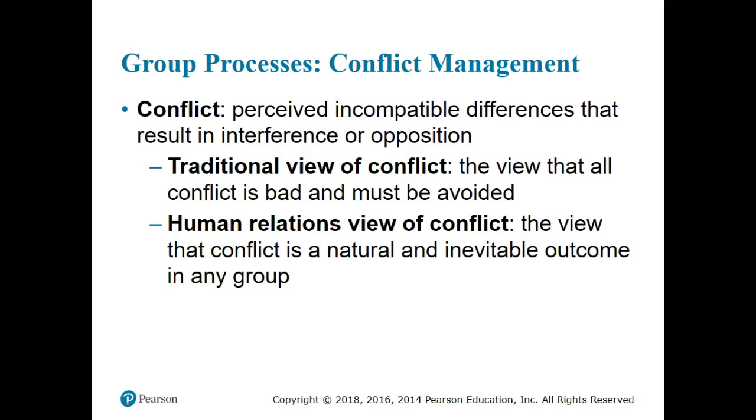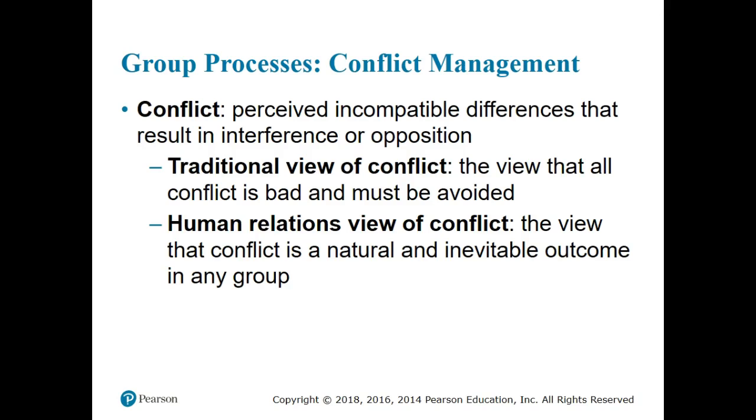Now, conflict is perceived incompatible differences resulting in some form of interference or opposition. Whether the differences are real is irrelevant. If people in a group perceive that differences exist, then there is conflict.